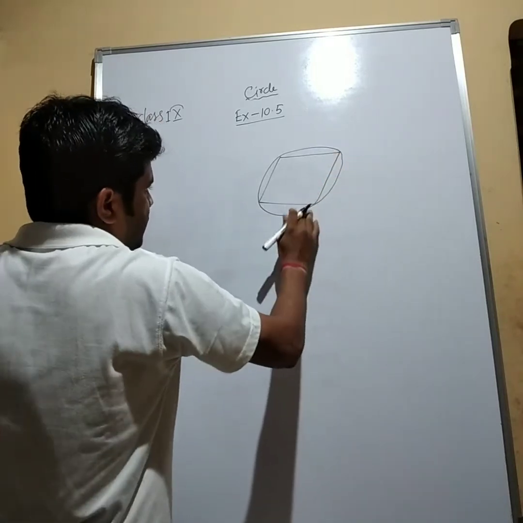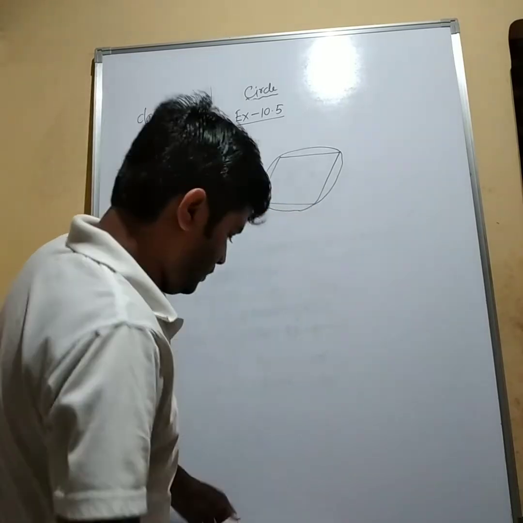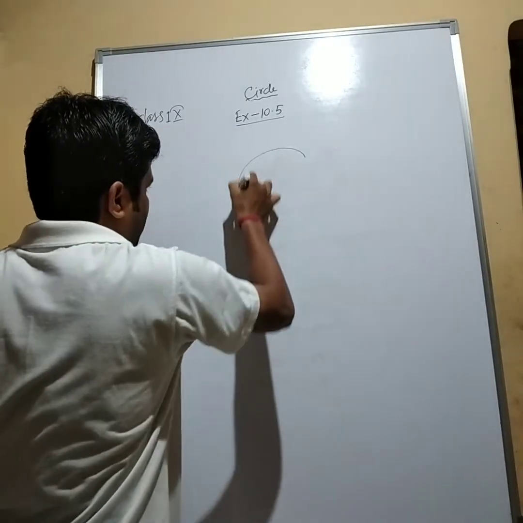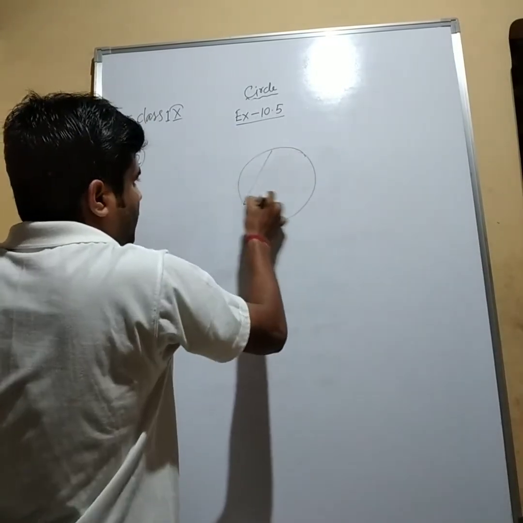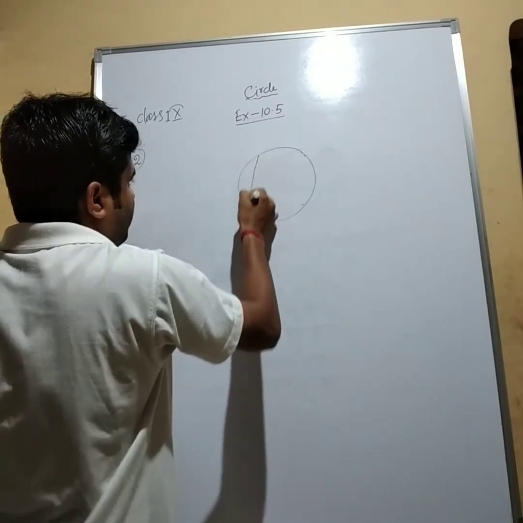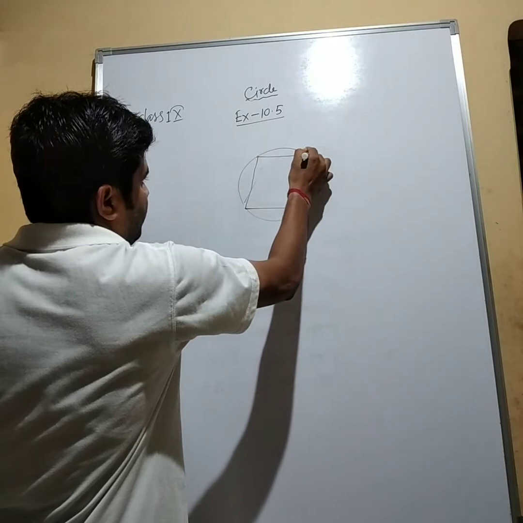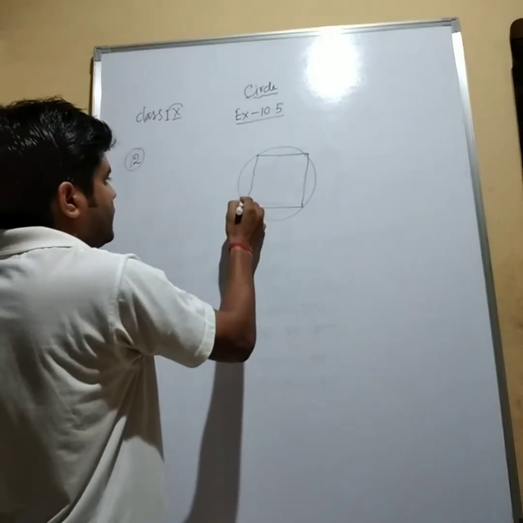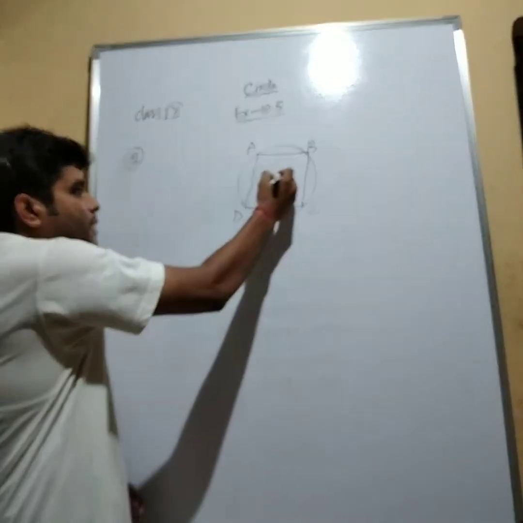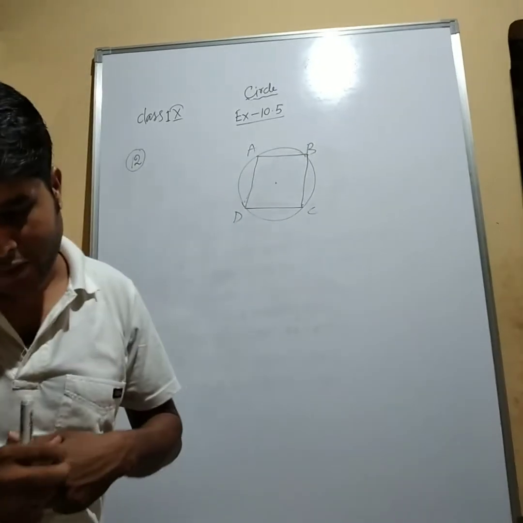Suppose this ABCD is a parallelogram and it is cyclic because the vertices lie on the circle.